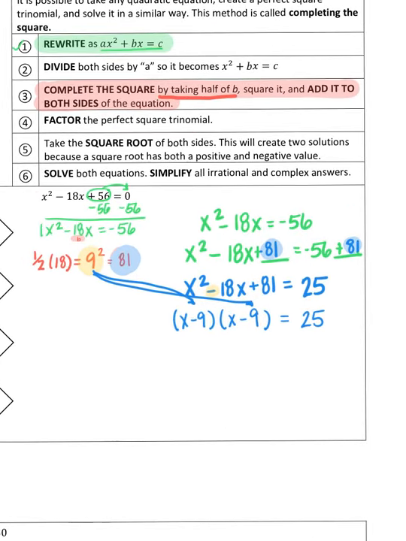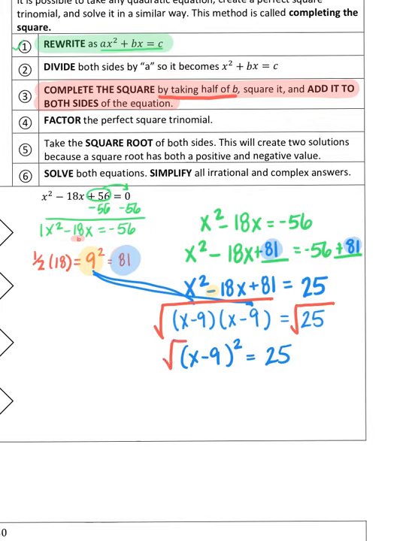Okay, now we're going to take the square root of both sides. So we're going to take the square root of this side and the square root of this side. And this side is just like what we were doing before, where we could say x minus 9 squared equals 25.